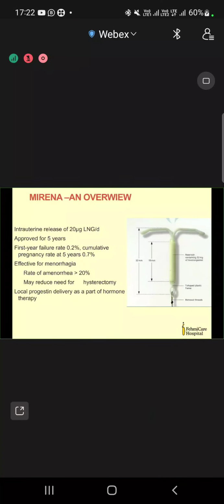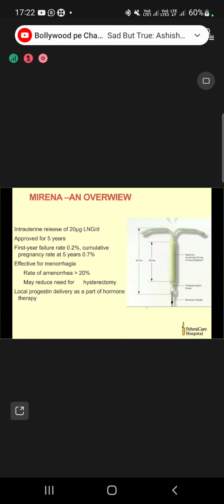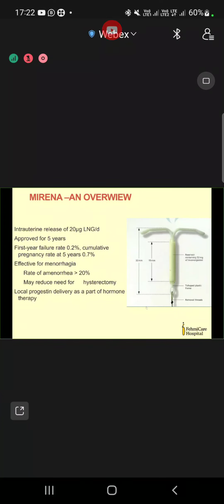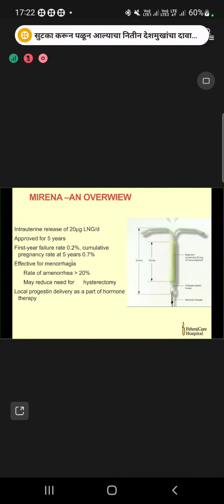It is 3.2 centimeters in height, and it contains a 52 milligram reservoir of levonorgestrel. The first year failure rate is 0.2%, and the cumulative pregnancy rate over 5 years, which is the lifespan of this Mirena, is 0.7%.